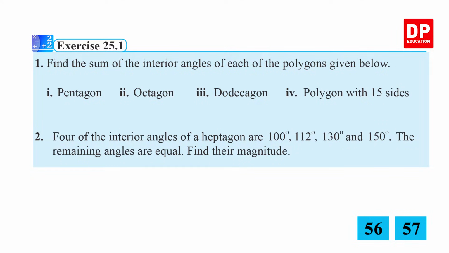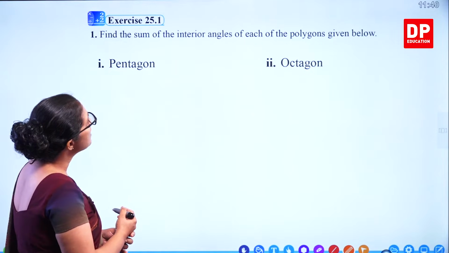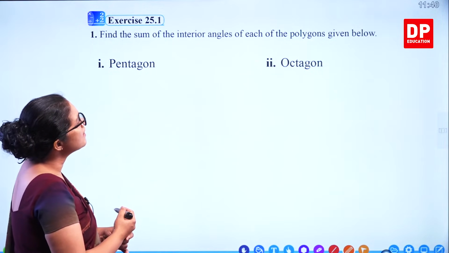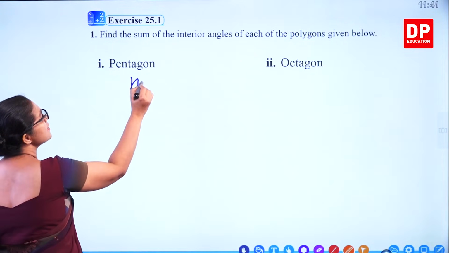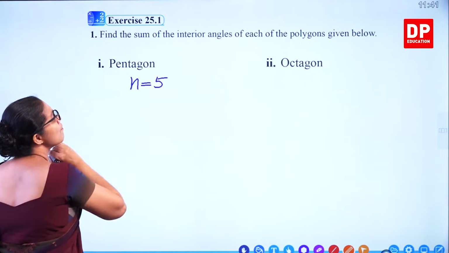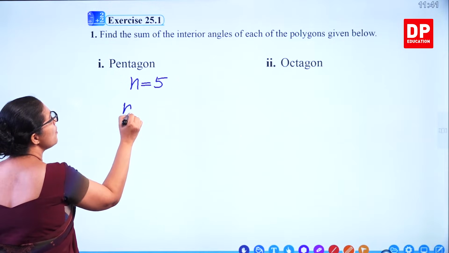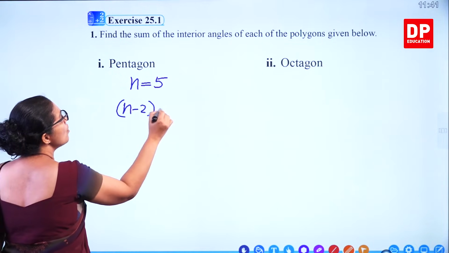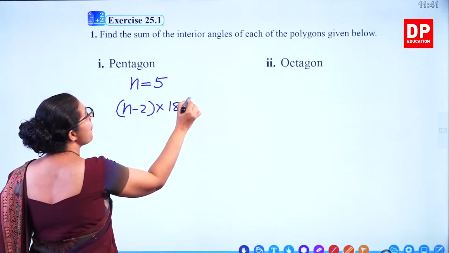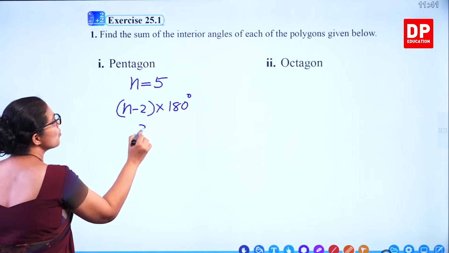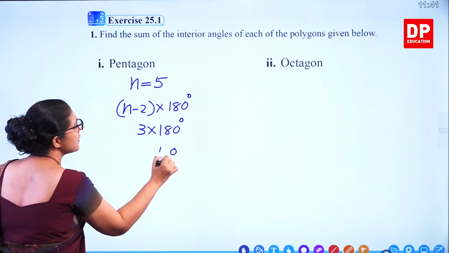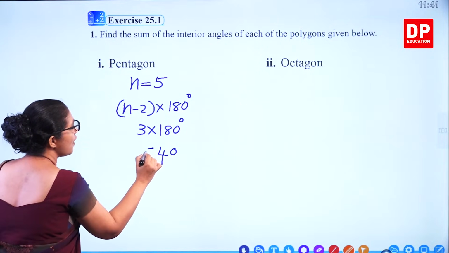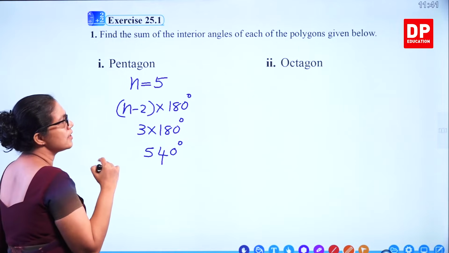Exercise 25.1. Find the sum of the interior angles of each of the polygons given below. Pentagon. What's the number of sides? 5. So what's the formula? (n minus 2) into 180. So 5 minus 2, 3 times 180. You get 540.